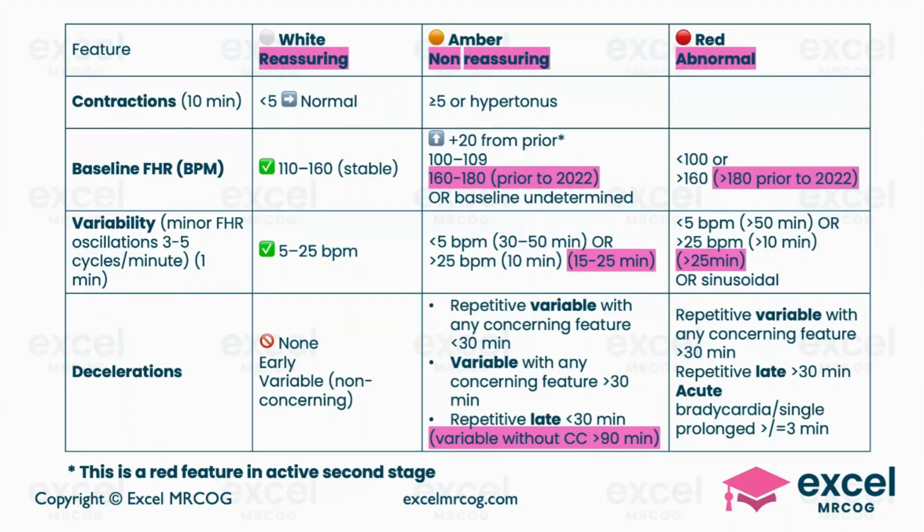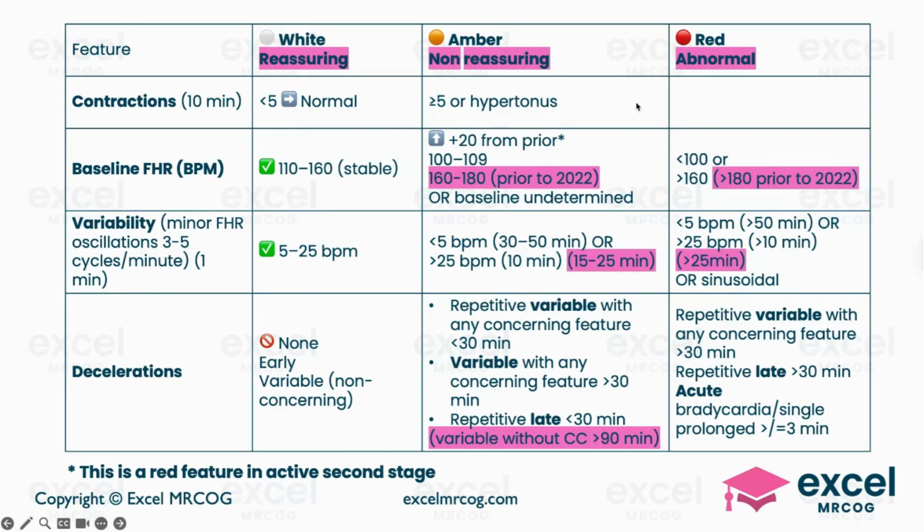Then absence of variability during the deceleration, and deceleration more than 60 seconds. And absence of shouldering. The W pattern was there in the older guidance. It's no longer there in the newer guidance. That is something which is removed now.